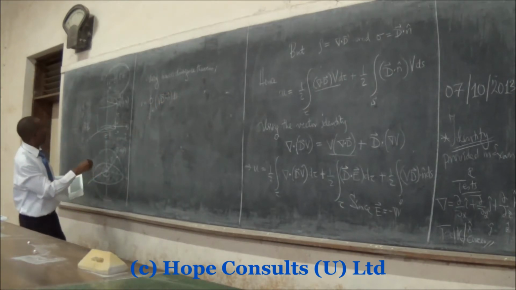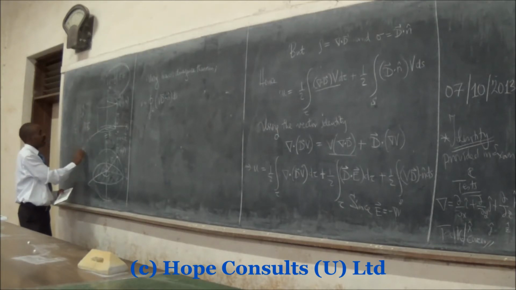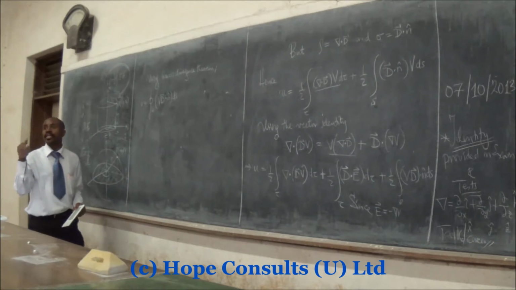Remember, this dS vector is always specified by saying that it is normal to the surface, and we can only signify its normalness by invoking this n cap.